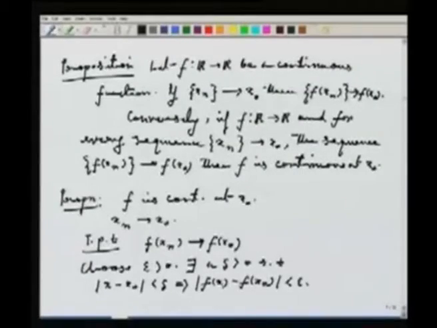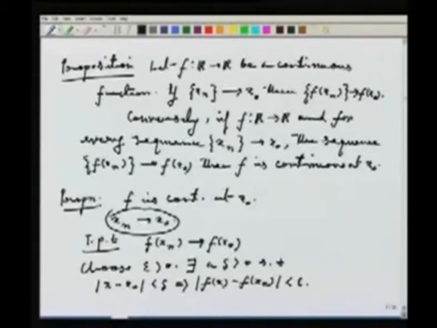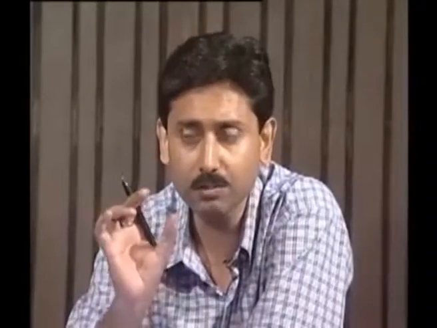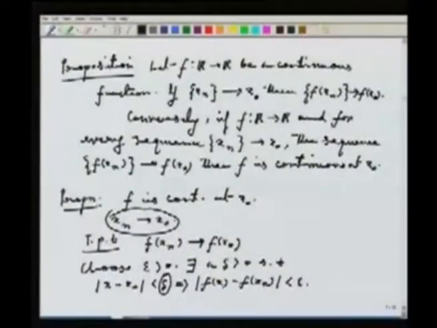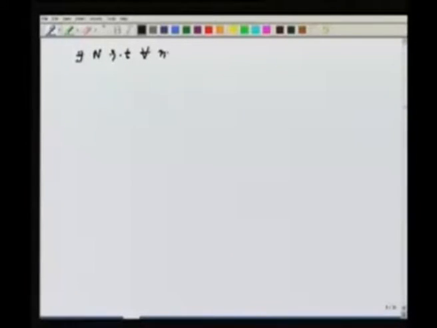Notice my assumption is that xn is a sequence which converges to x naught. That means given this delta, there exists a stage after which modulus of xn minus x naught is less than delta as xn is converging to x naught. So there exists a capital N such that for all n bigger than or equal to capital N, modulus of xn minus x naught is less than delta.